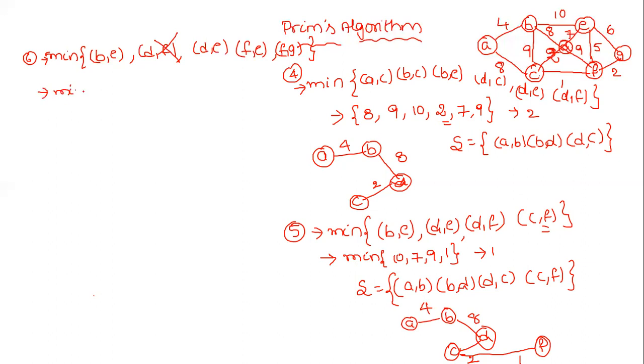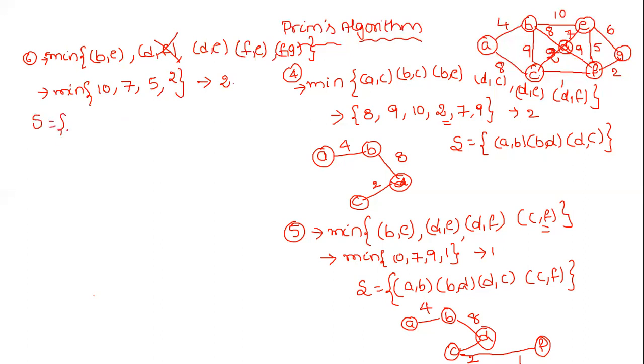So minimum of here B to E is 10 and D to E is 7, F to E is 5 and F to G is 2. So that's why F to G we are going to consider.